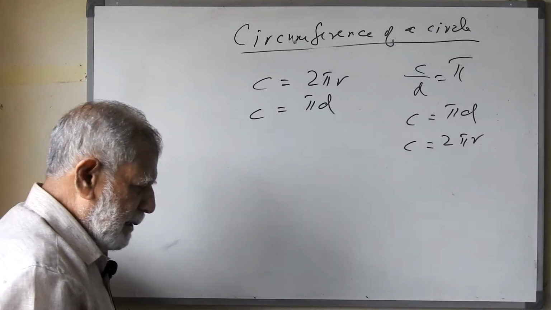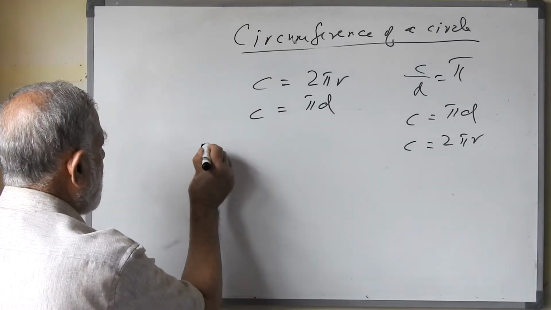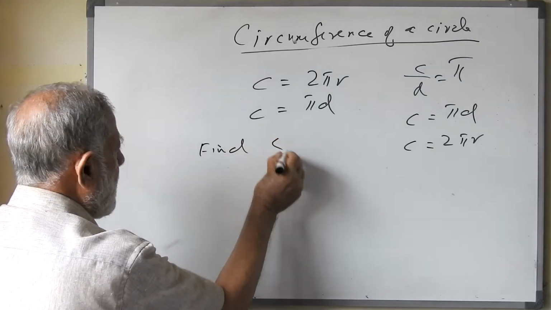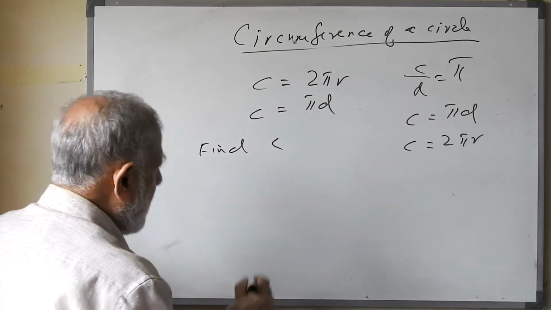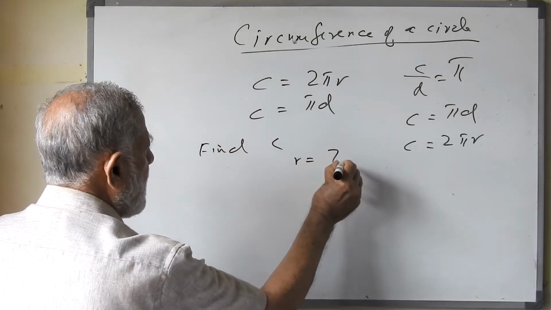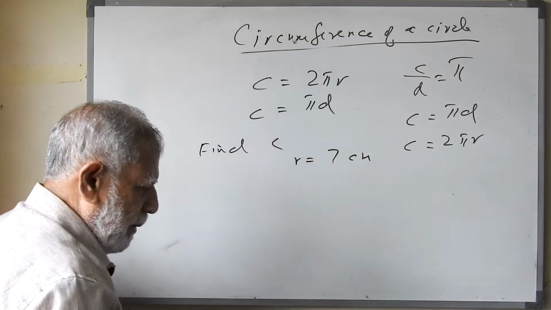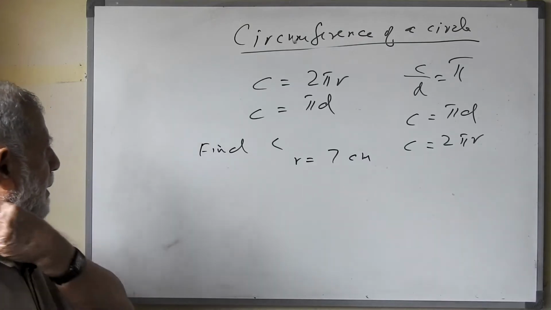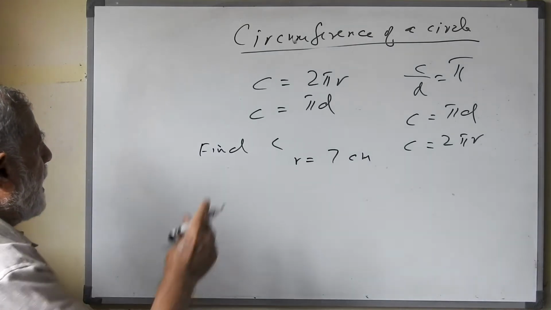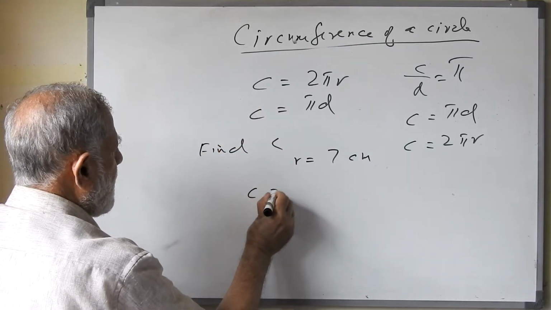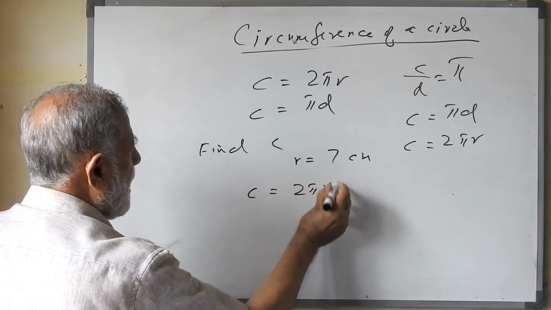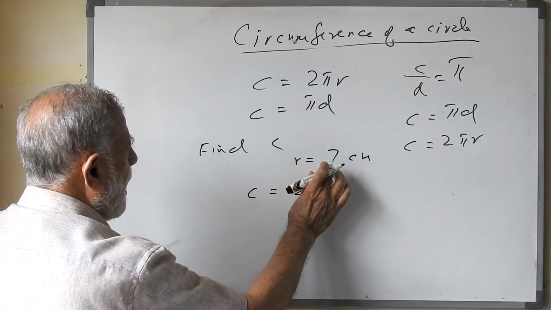So we'll take a simple example. Find C. R is equal to 7 centimeters. When R is equal to 7 centimeters, we have to find the circumference. So we use this formula, C is equal to 2 pi r. We just substitute.